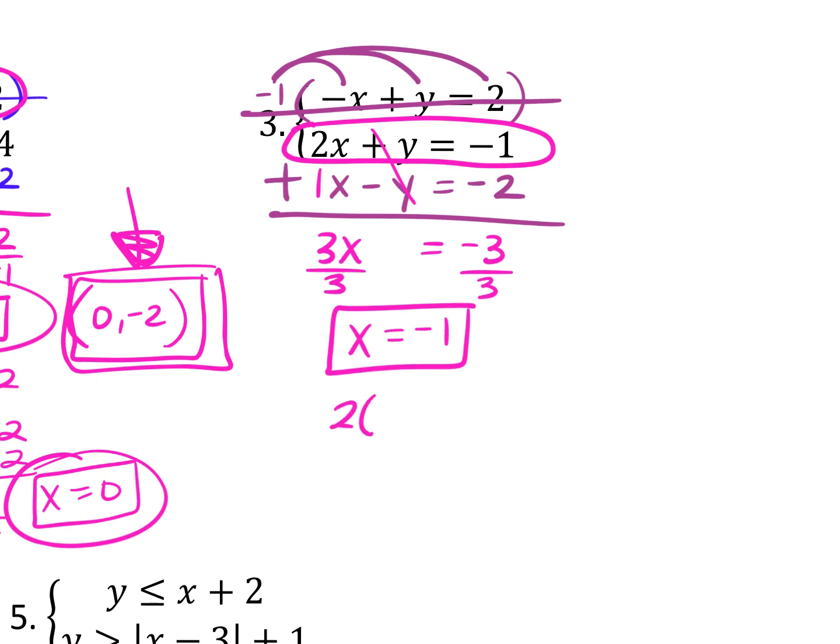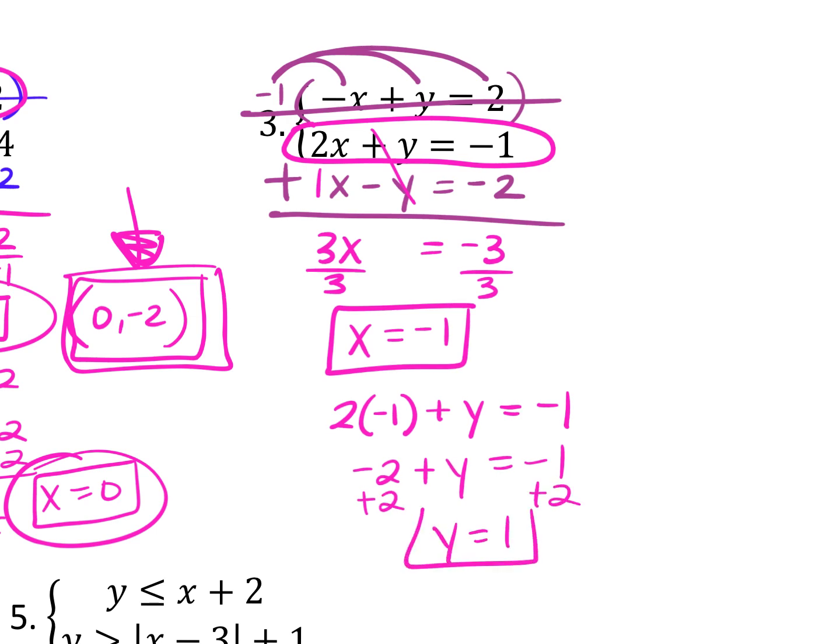So 2 times negative 1 plus y equals negative 1. So negative 2 plus y equals negative 1. And then we're going to add 2. So y equals 1. If you want to write it as a point, you would get the point negative 1, 1.